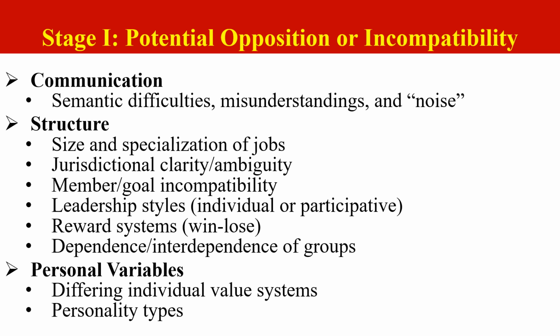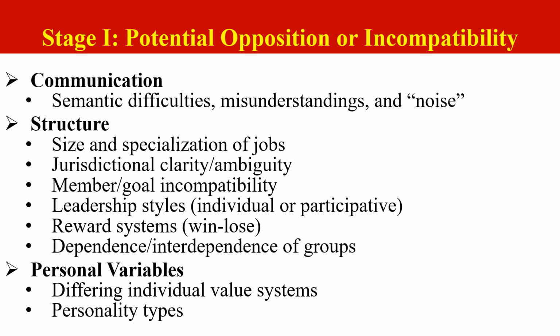Semantic difficulties are the lack of understanding the verbal communication, which creates misunderstandings and noise. Noise is the clutter which is caused, and it also creates confusion in understanding. So this is the lack of communication.